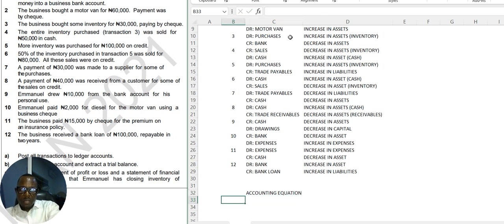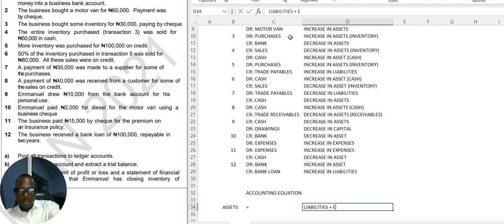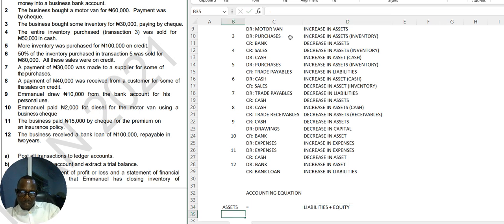Accounting equation means that assets is equal to liabilities plus equity.